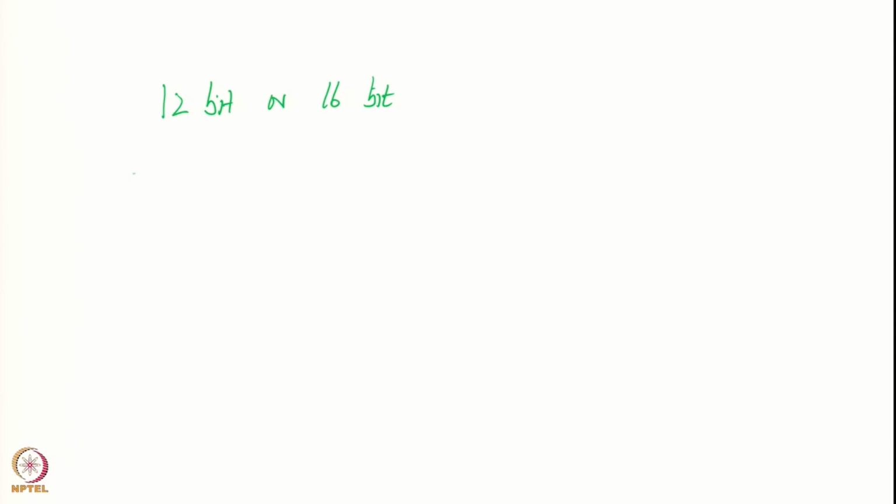In a 12-bit digitizer, 1 plus 11, this is for the sign, and 11 bits, what will it give you? 2 to the power 11 minus 1. 2 to the power 11 is 2048 minus 1, that is equal to 2047. Okay. So, this is the largest number that you can store.